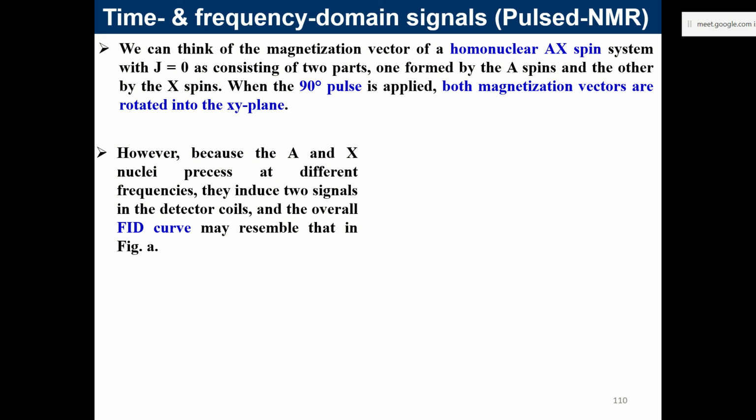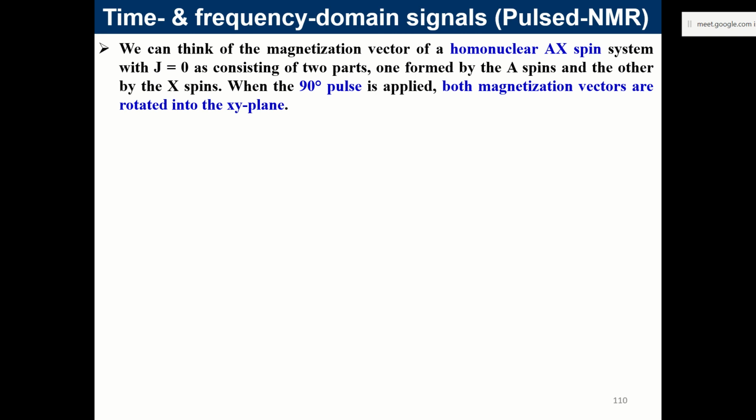But in actual sense, when you have a molecule, you will have at least two such nuclei, like an AX system. Even if for simplicity we assume there is no spin-spin coupling between the A and X spins, we still get at least two signals mixed together.